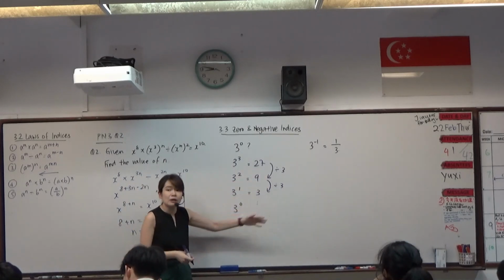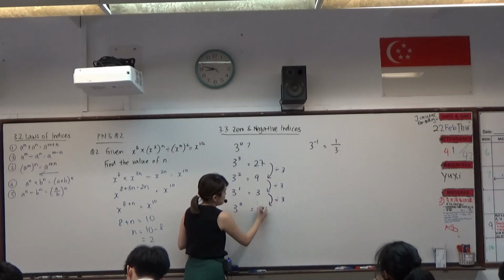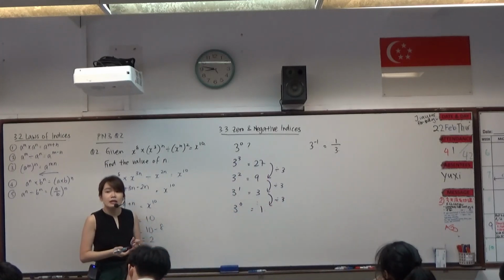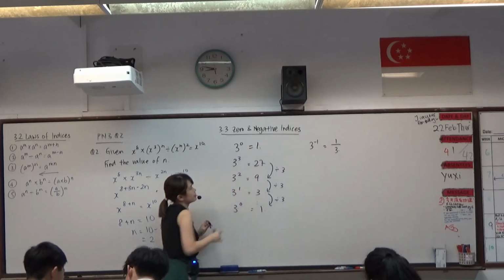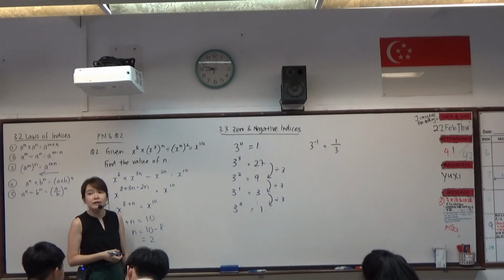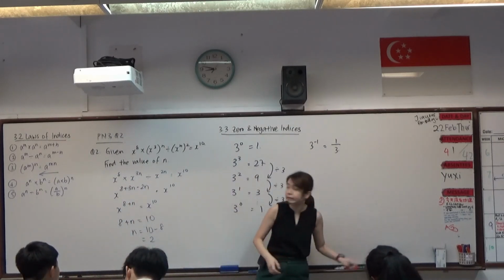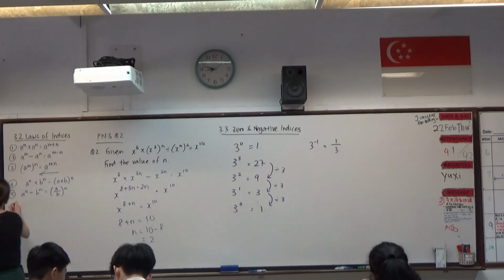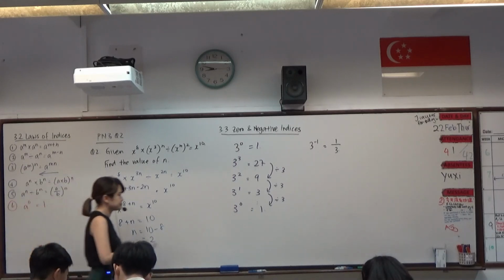By this pattern, 3 divided by 3 must give us 1. Therefore, 3 to the power 0 is equals to 1. What I'm trying to conclude is that anything to the power of 0 will be equals to 1. So a to the power of 0 will be equals to 1.